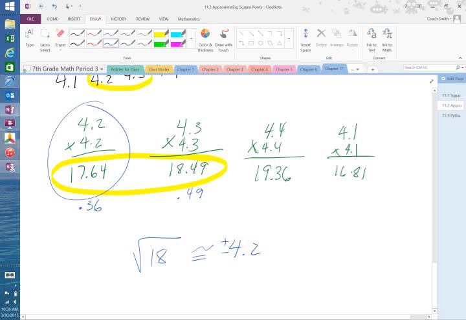No, that's wrong. I forgot the little second one. It's like this. The approximate square root, this means approximate, okay? The approximate square root of 18 is plus or minus 4.2, okay? You have to put the square root of 18 in.